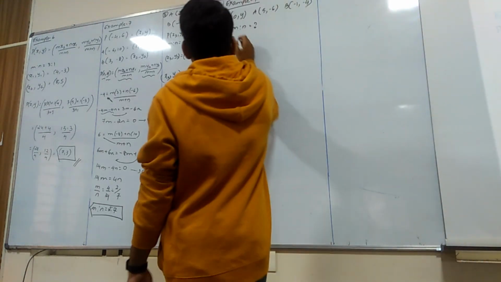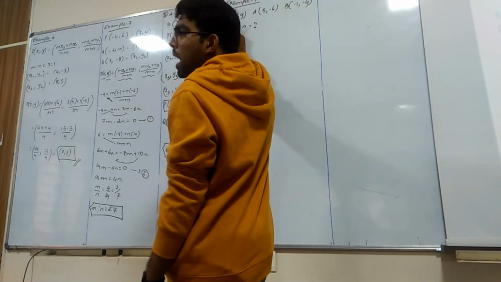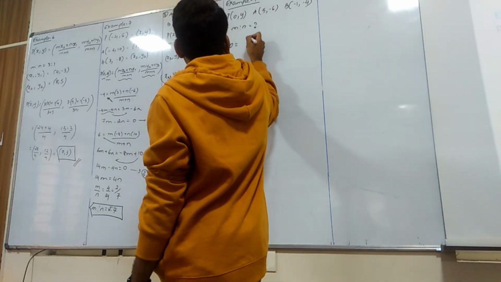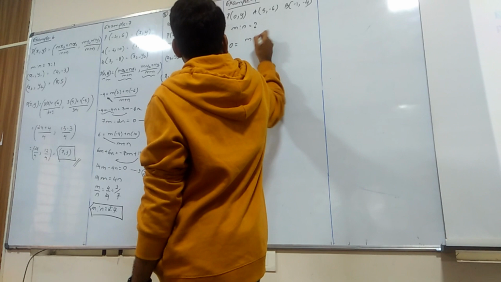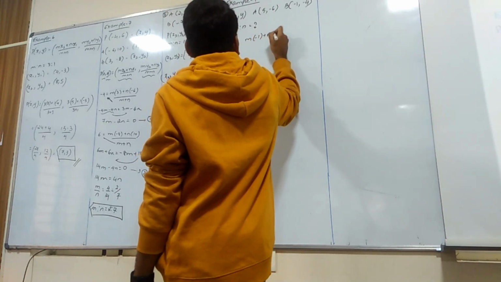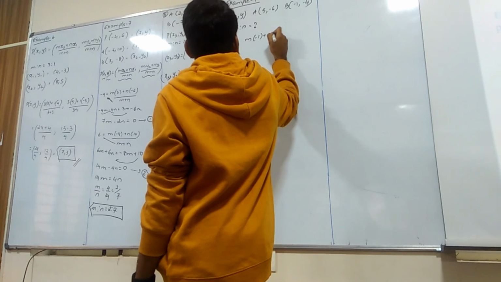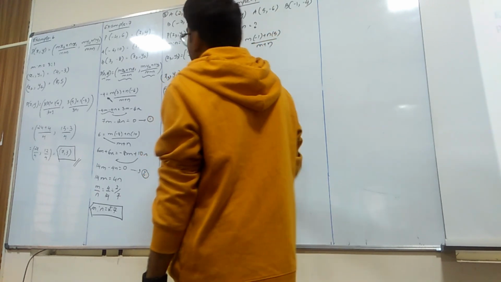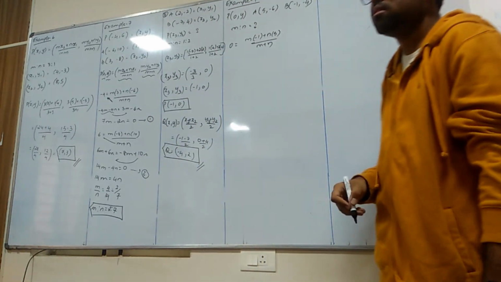Okay. So first we will substitute for the x coordinates. 0 is equal to m into x2, x2 is minus 1, plus n into x1, which is 5, divided by m plus n.